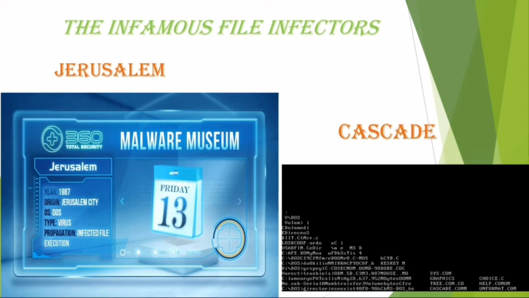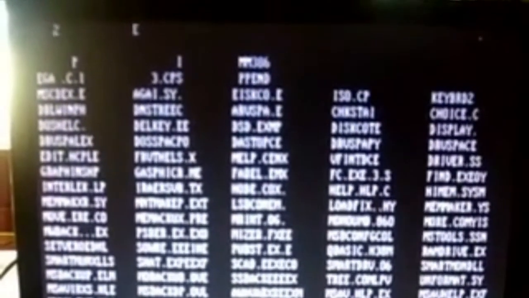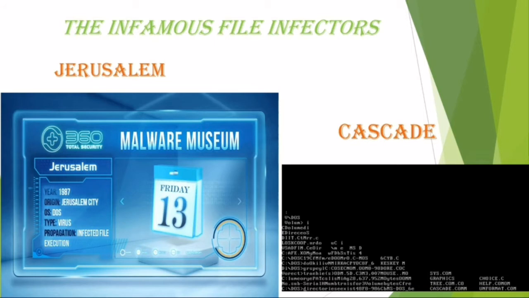This virus was not that harmful, but it caused symbols to fall to the bottom of the screen, making work on the infected computer nearly impossible. It was a notorious virus created just to cause a commotion. Like you see in the picture, the symbols are falling so that people can't read and can't work properly on their devices.